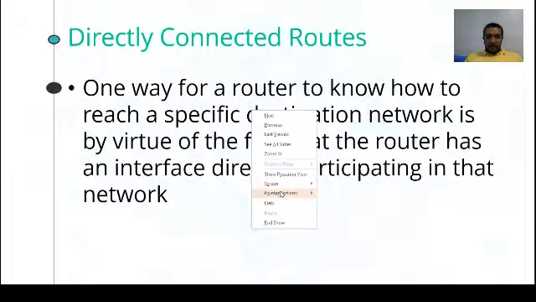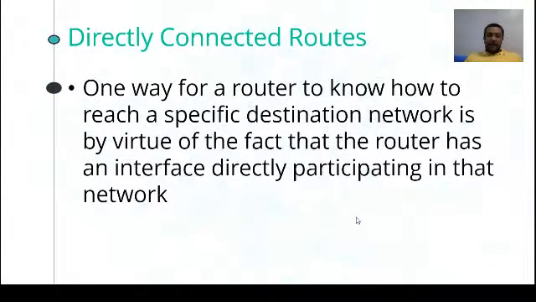Let me just show you. So I'll just draw some links here. Let's say you currently have a router in place, and it's currently connected to your network, maybe a switch there. So this interface that you have here directly participates.